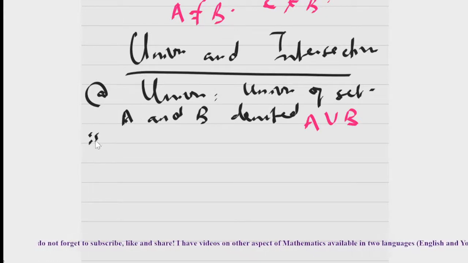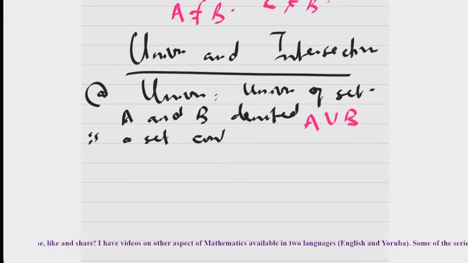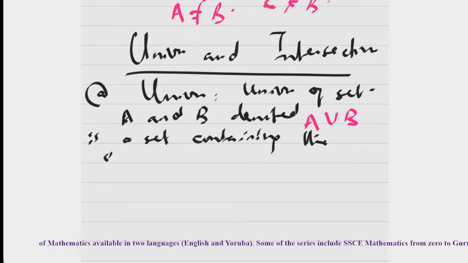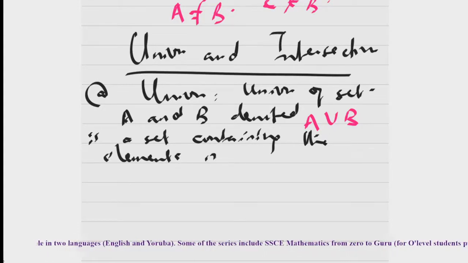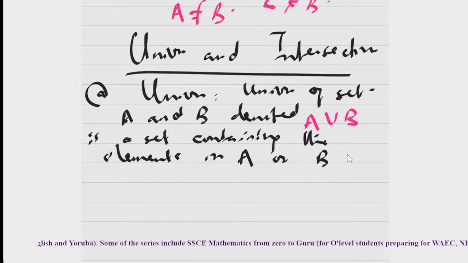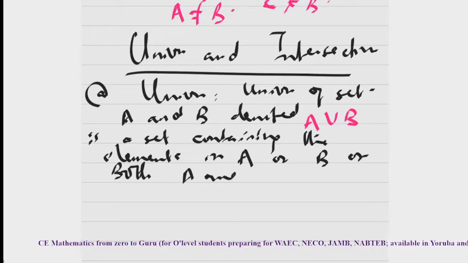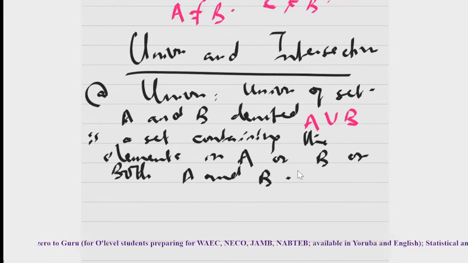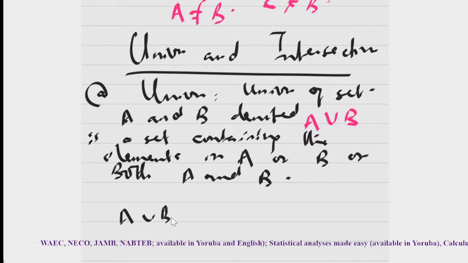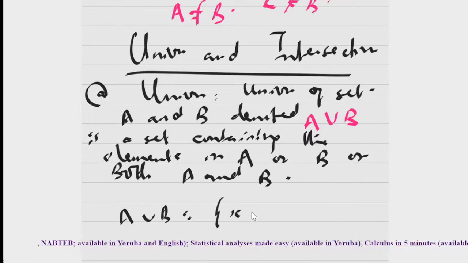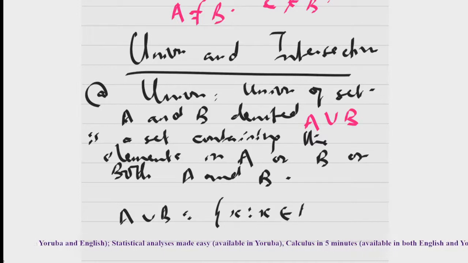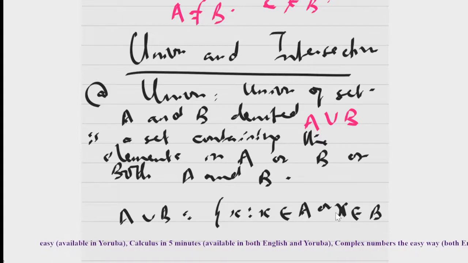is a set containing the elements in A or B or both A and B. That is, when you have two sets and you want to describe another set, which is A union B like this, then it is a set S such that S is an element in A or S is an element in B. That's how you can write it algebraically.